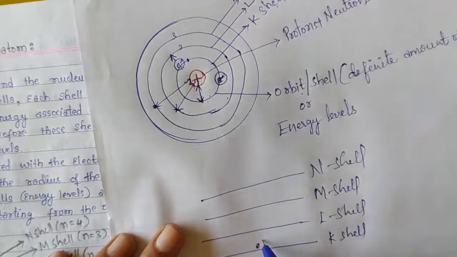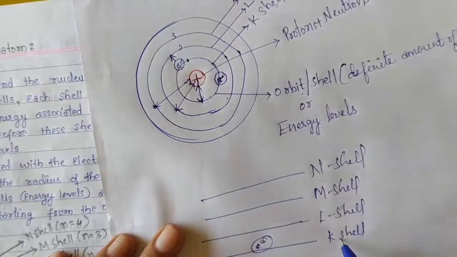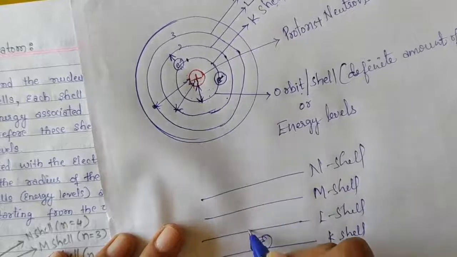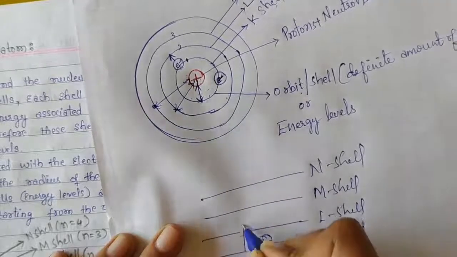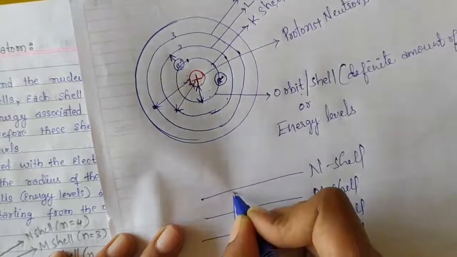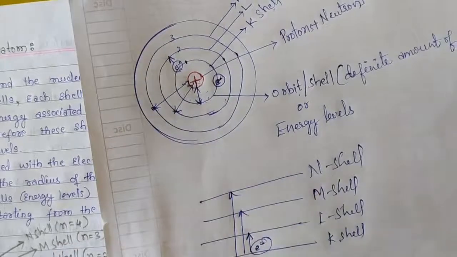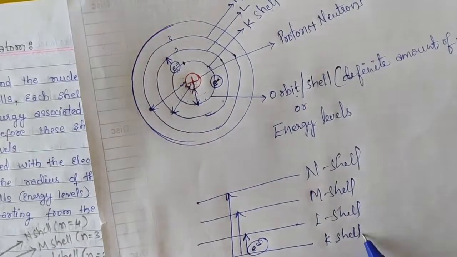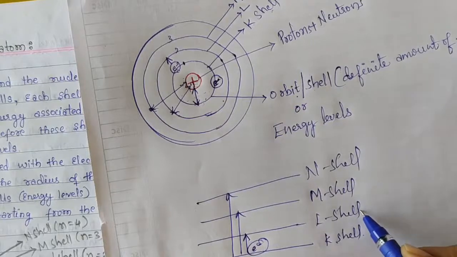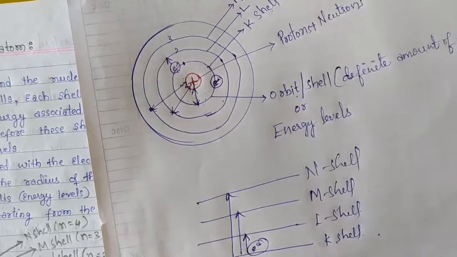So, an electron which is present in the K shell can move to the L shell, M shell or N shell. Children, see here, the energy of the K shell is lower than the energy of L, M and N shell.